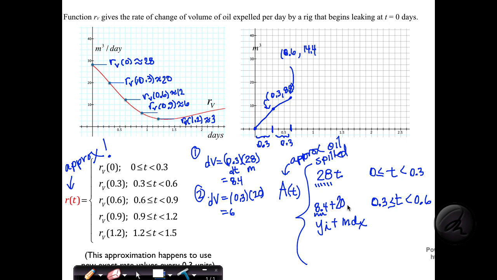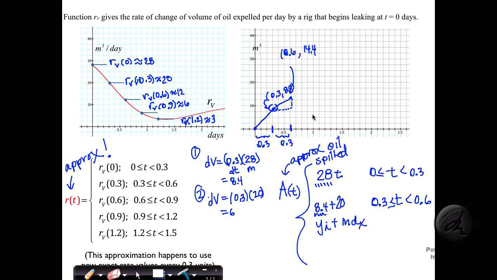Now, it's not just 20x here, because I'm not increasing using this rate of 20 all the way from the beginning. The dV that we calculated was only based on, to get up to this point 14.4, being 0.3 units away to the right of t equals 0.3.